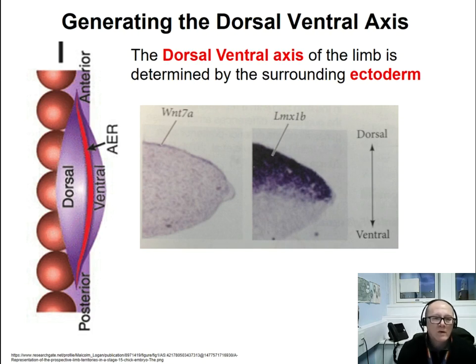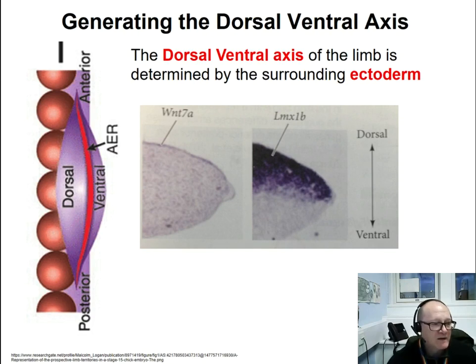So now, the only axis left to talk about is the dorsal-ventral axis. In this cartoon here, you see this circle, this ball that represents the different somites.